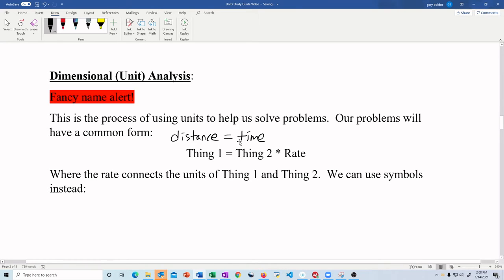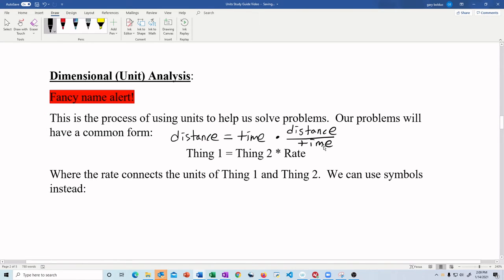This is what has to happen: the units here, we're just going to write it out in terms of ideas, have to look like distance. This rate has to look like distance over time. This is the only way this equation will make any sense. Distance, how far I go, equals time multiplied by this idea of distance over time.